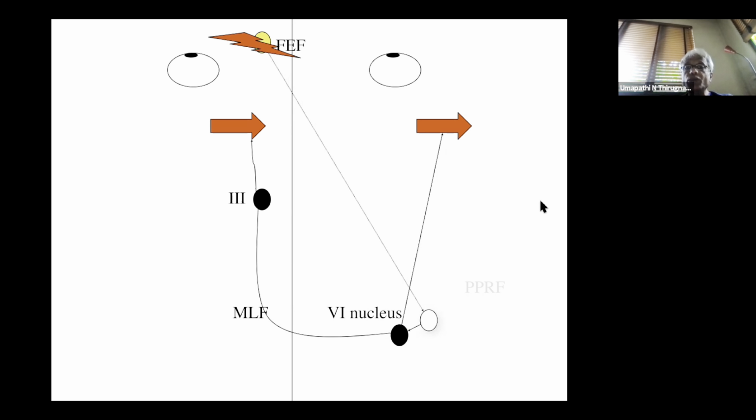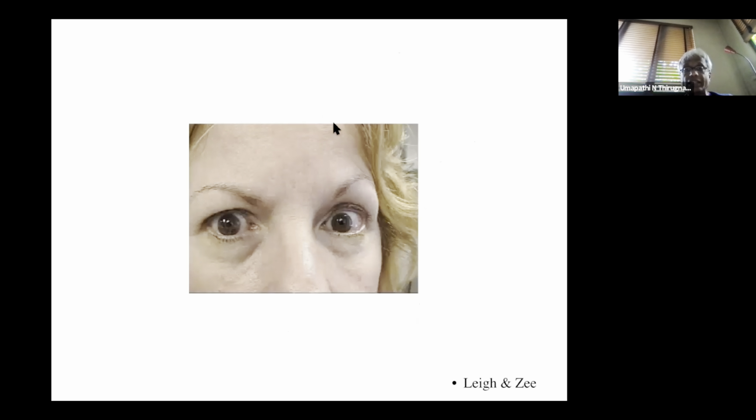These will look the same as far as the eyes are concerned, correct? So a right frontal eye field lesion will cause inability to look to the left. A left pontine lesion affecting the left 6th nucleus will also cause inability to look to the left. So this lady's pathology could be either in the right frontal eye field where my arrow is, or in the left pons. 2 things will look exactly the same in the picture.